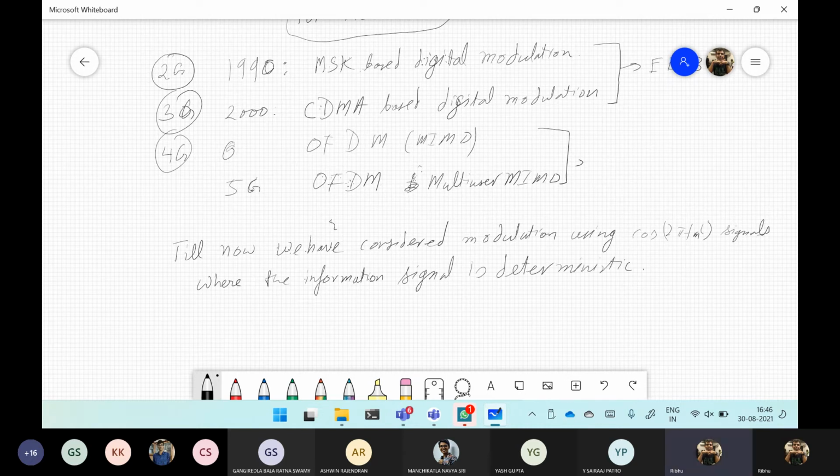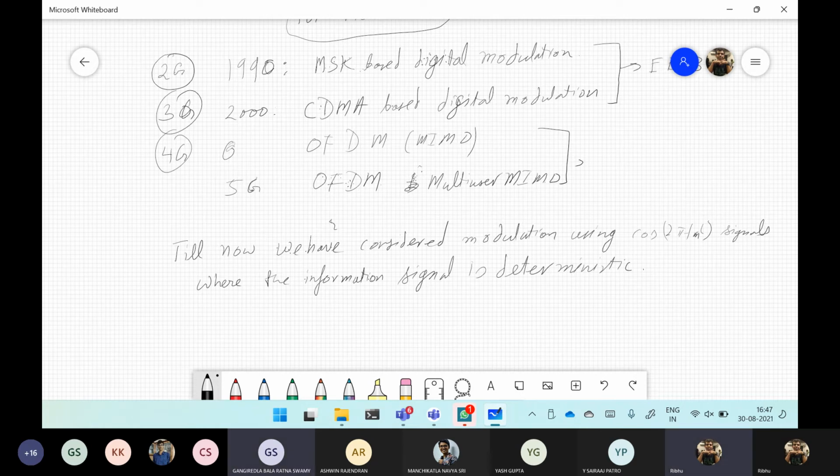Do you know what deterministic and random signals are? I think from the name I can guess.